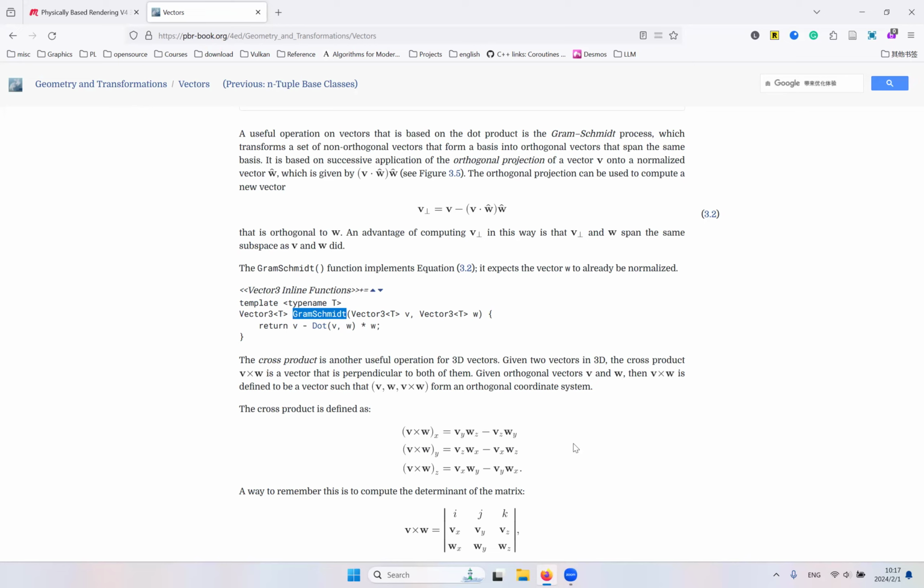I guess this doesn't really solve that problem. If it's collinear, probably this thing will just return 0. Really? Now you would just get V back, right? Yeah.